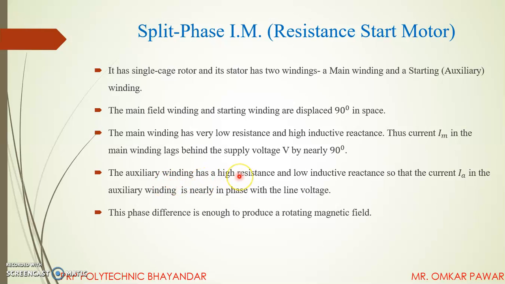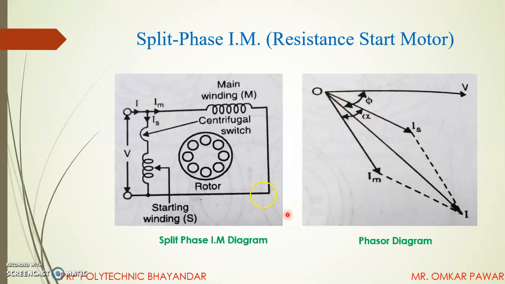The auxiliary winding, that is the starting winding, has high resistance and low inductive reactance because it is highly resistive, so the current is nearly in phase with the line voltage. This phase difference is enough to produce a rotating magnetic field.